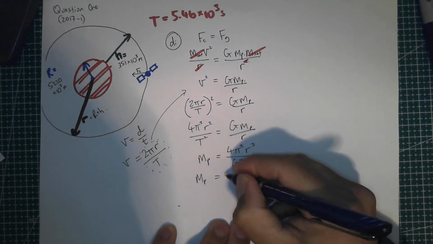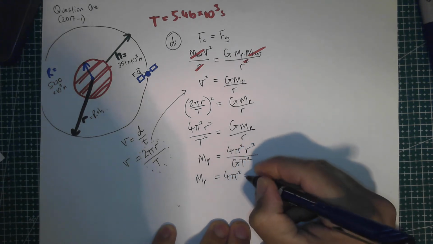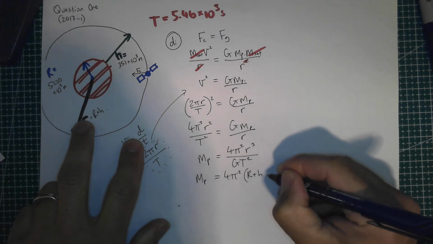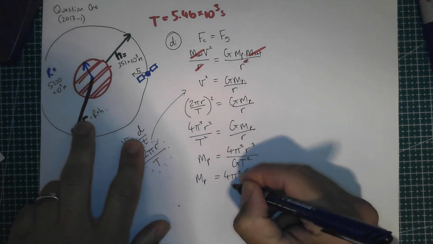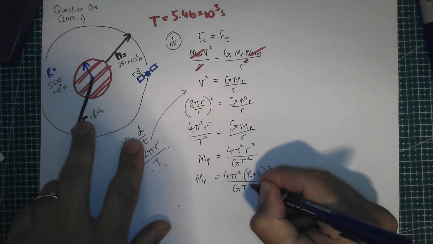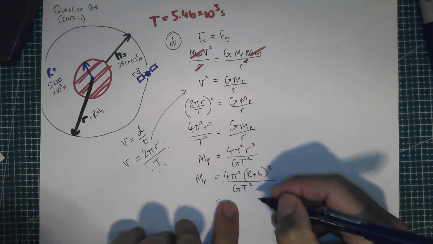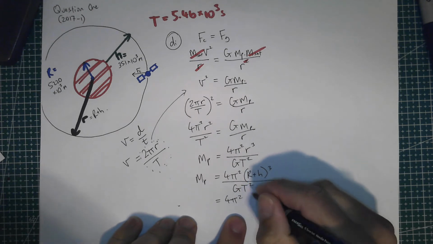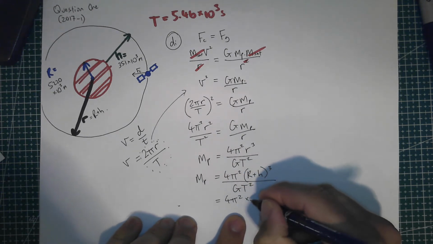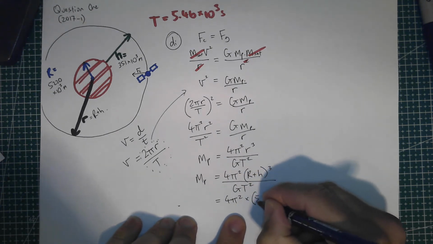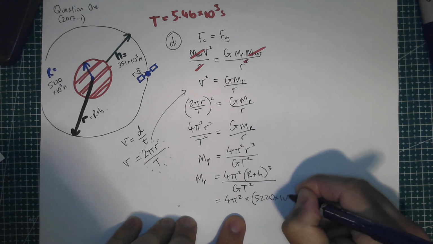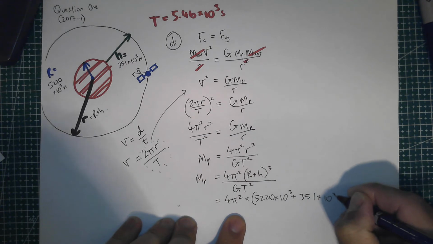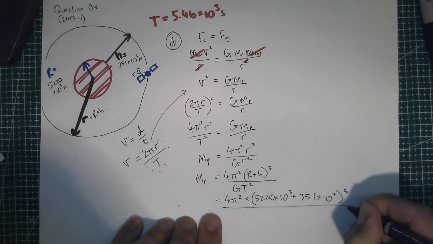So remember that the mass of the planet is 4 pi squared, and little r is a combination of the radius of the planet plus the height of the orbit, and all of that needs to be cubed, over G T squared, and then now we can do the substituting, and there's a whole lot of substituting to do. 2 times 10 to the 3 times 10 to the 3, don't forget to cube all of that. Cool.